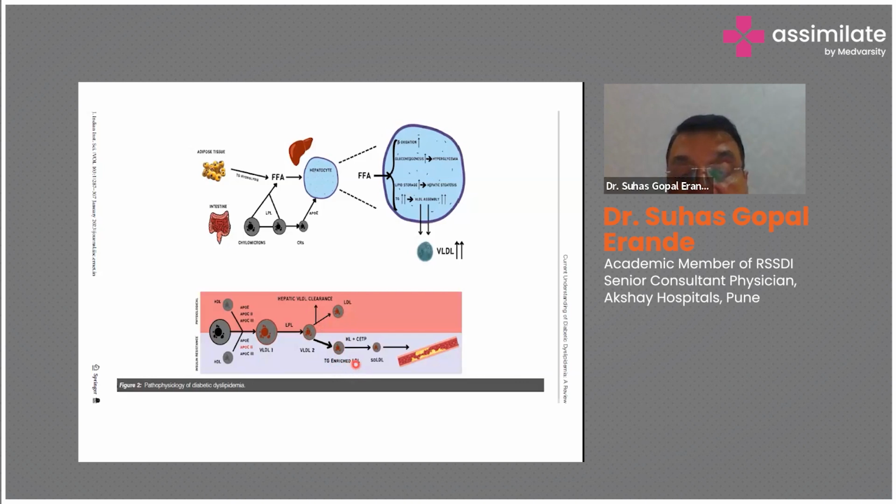Now, this triglyceride-enriched LDL cholesterol is again acted on by hepatic lipase and cholesterol ester transfer protein, or CETP, which makes it small dense LDL. This small dense LDL is the real villain as far as the atherosclerosis pathophysiology is concerned.